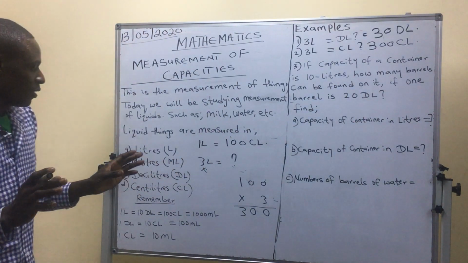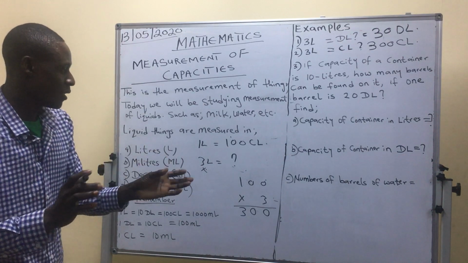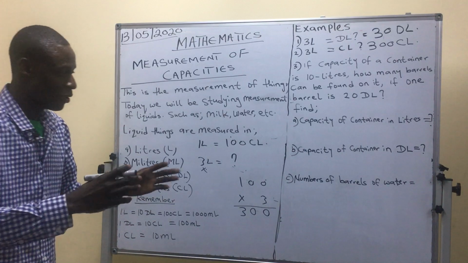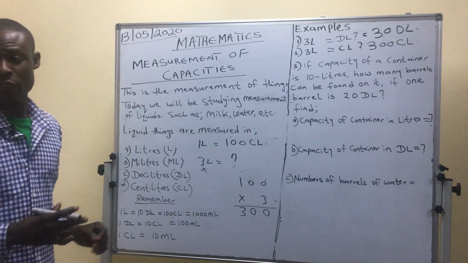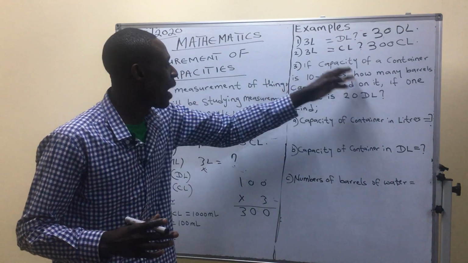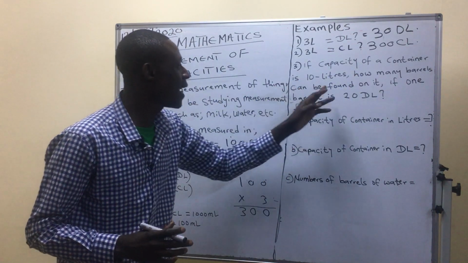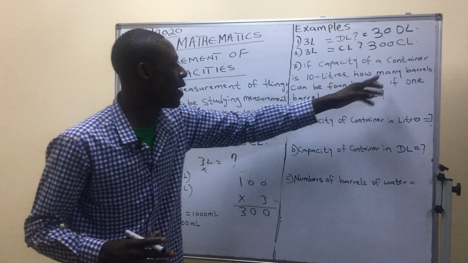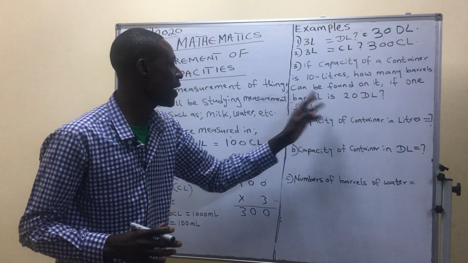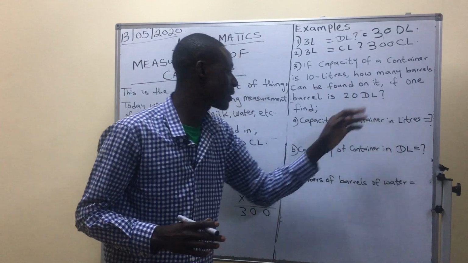This is a little bit different from the one we did now, but it is a continuation of it. The question again, I read: if the capacity of a container is 10 liters, how many barrels can be found in it if 1 barrel is 20 deciliter?